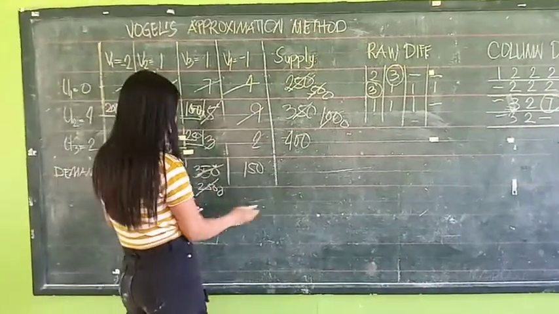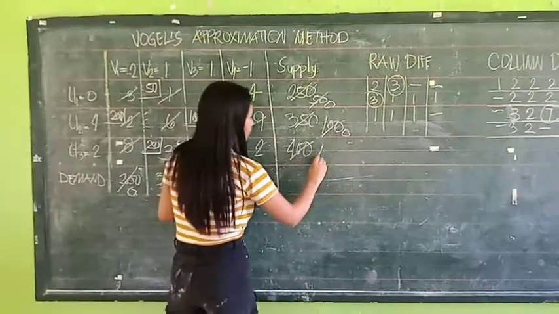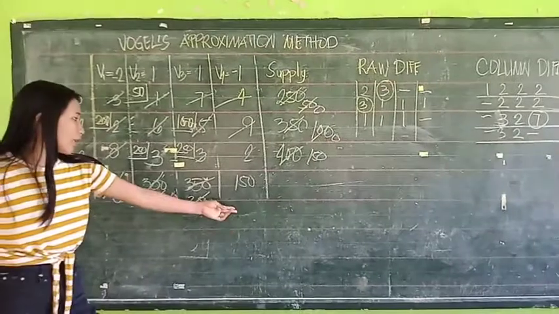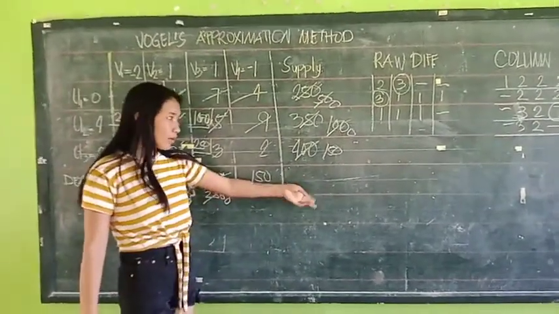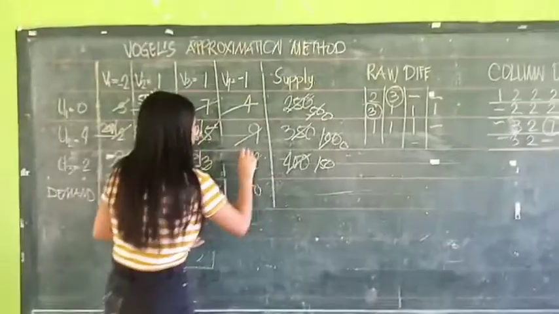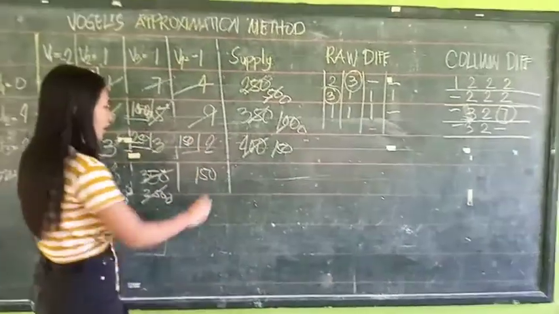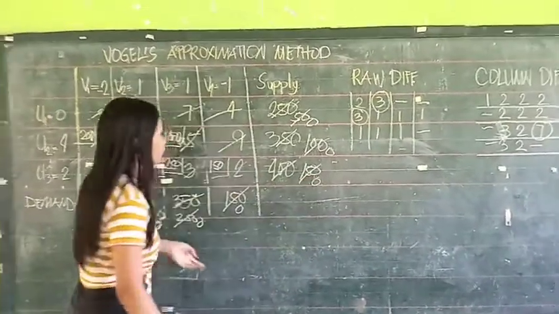So 400 minus 250 is equal to 150. Since both demand and supply are the same number, we copy 150 and now cancel and it becomes 0.